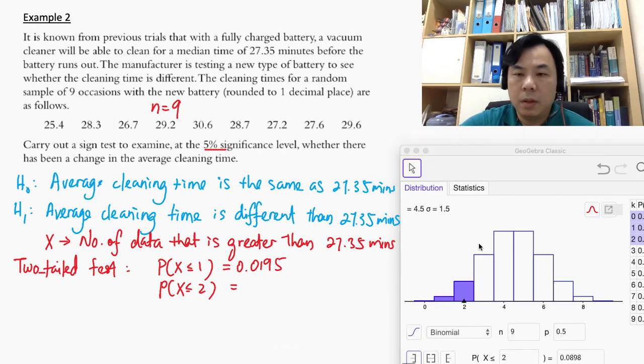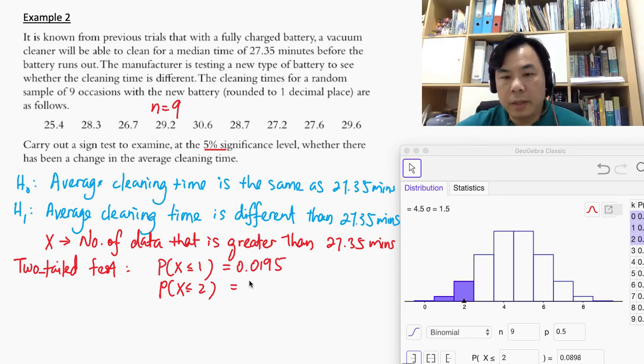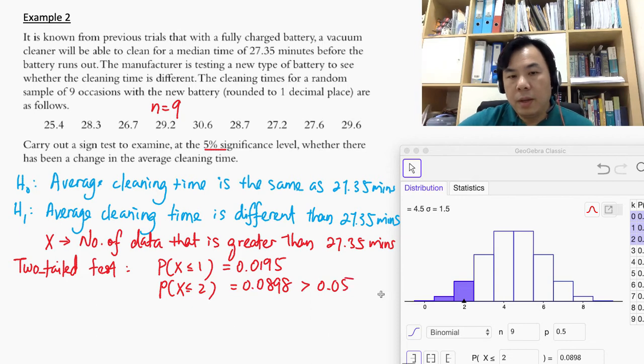Okay, so P(X less than or equal to 2) is 0.898, exceeding the critical region. This is greater than 0.05, which means x equal to 2 is outside of the rejection region. Therefore our lower limits will be 0 and 1.